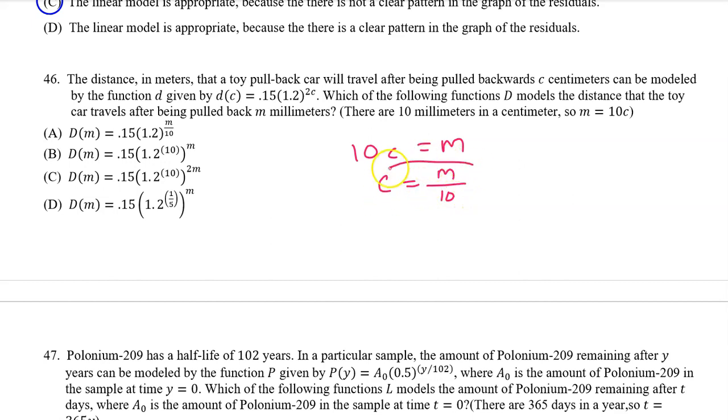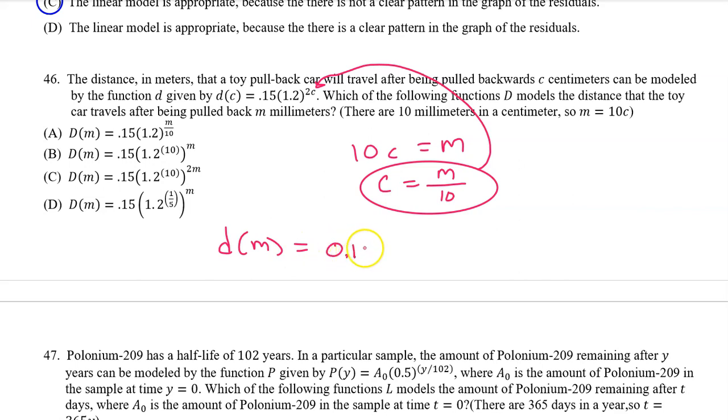Now we can plug this expression in for c right here. So we will get d at m, because we're going to have m's now, is equal to 0.15 times 1.2 to the 2c.